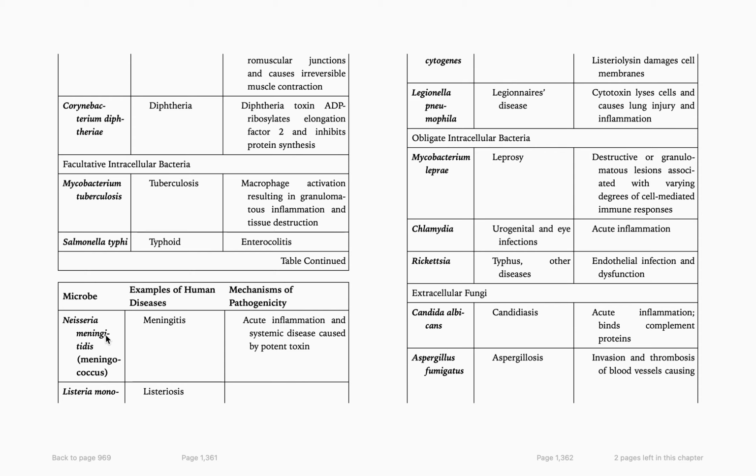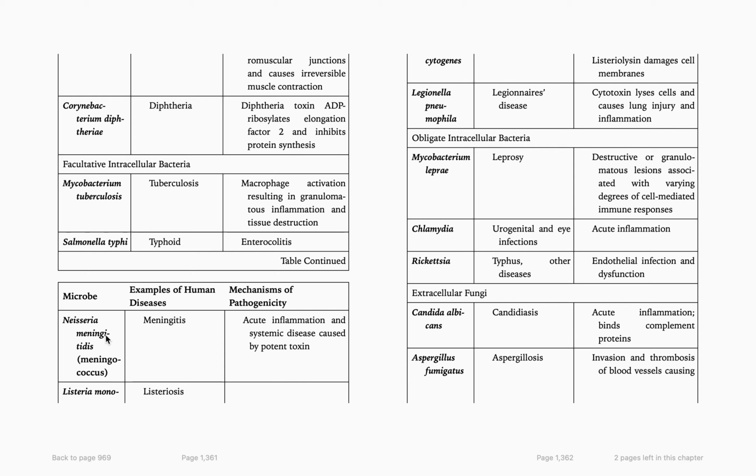We have Listeria monocytogenes, which causes listeriosis. This involves listeriolysin, which damages the cell membrane. We have Legionella pneumophila, which causes Legionnaires' disease. The mechanism is cytotoxin that lyses cells and causes lung injury and inflammation.